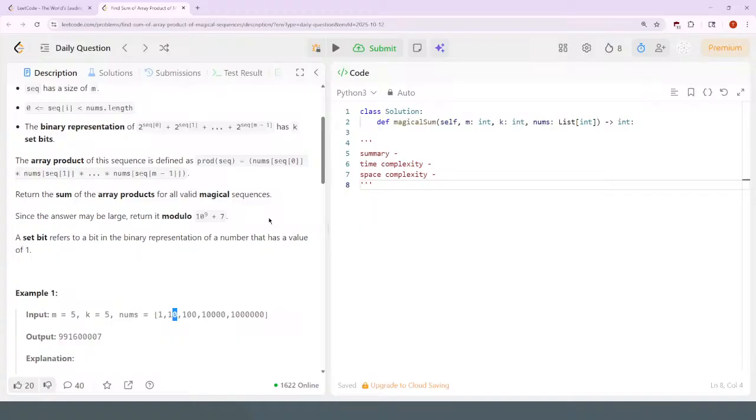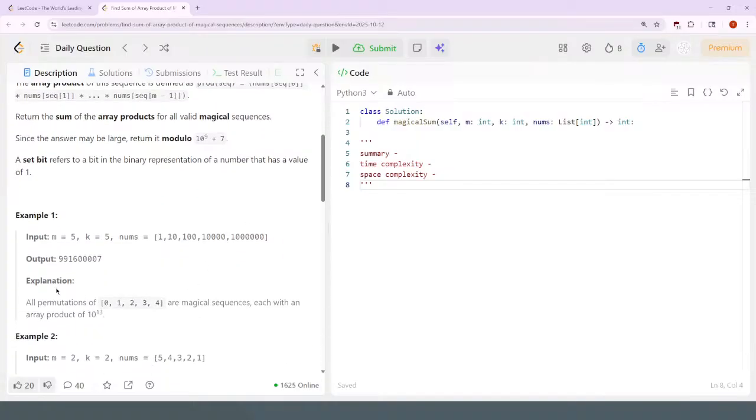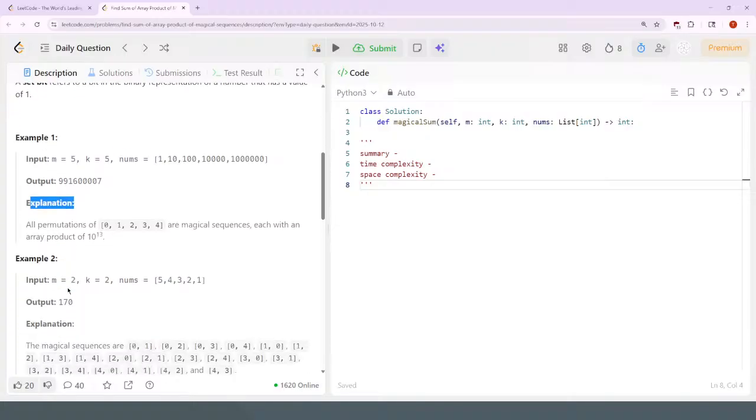The array product of the sequence is defined as product of the sequence equals nums. Wow, this explanation is nominal, in the sense that it stays as an explanation. But is that really explaining? Each with an array product of 10 to the 13th. What is going on?